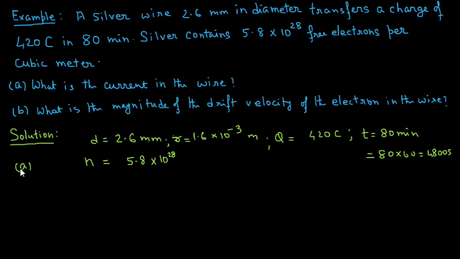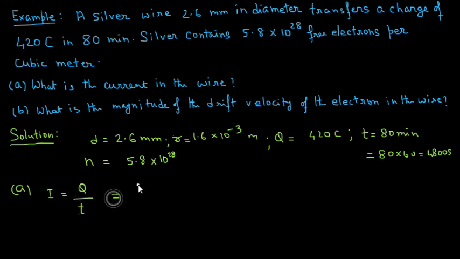Now for A, we can write I is equal to Q by t.